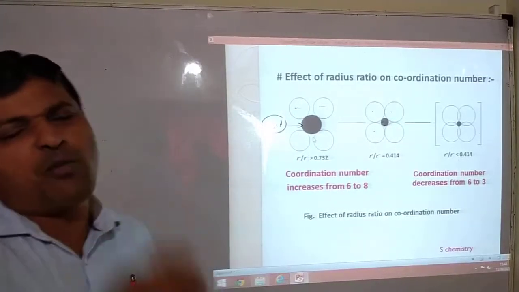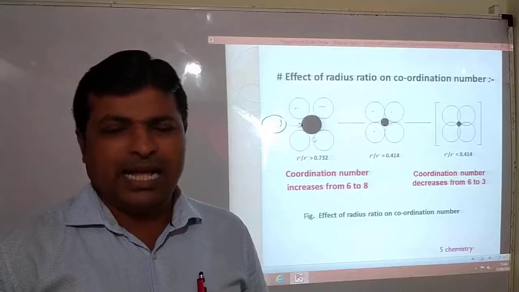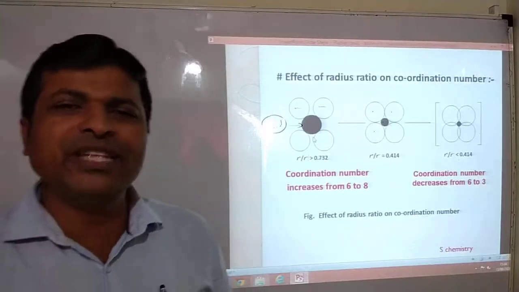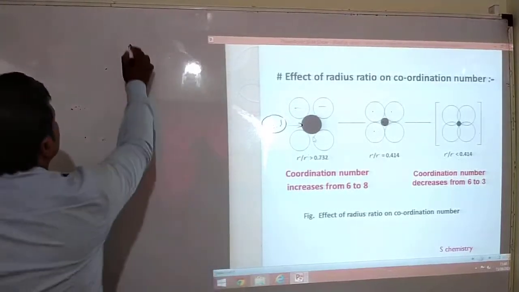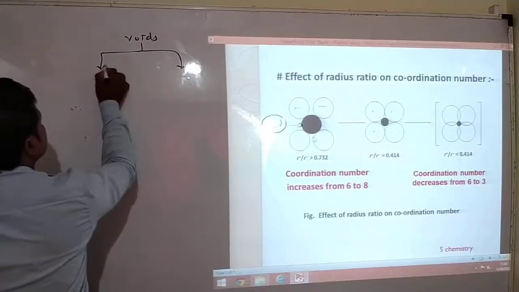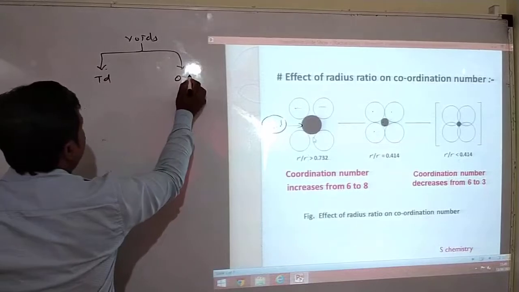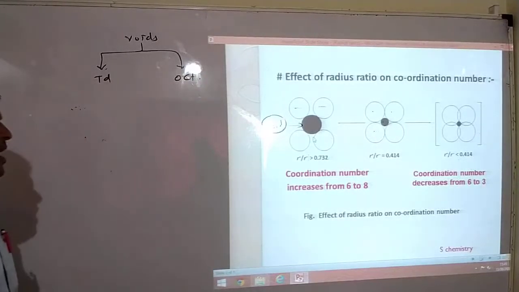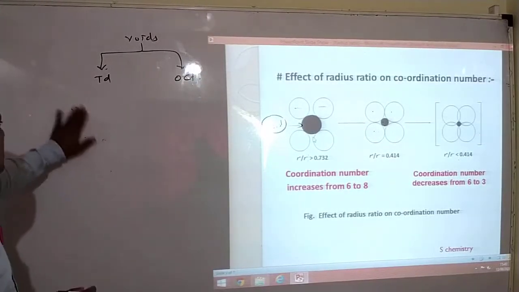There are two types of void, right? One is tetrahedral and the other is octahedral.